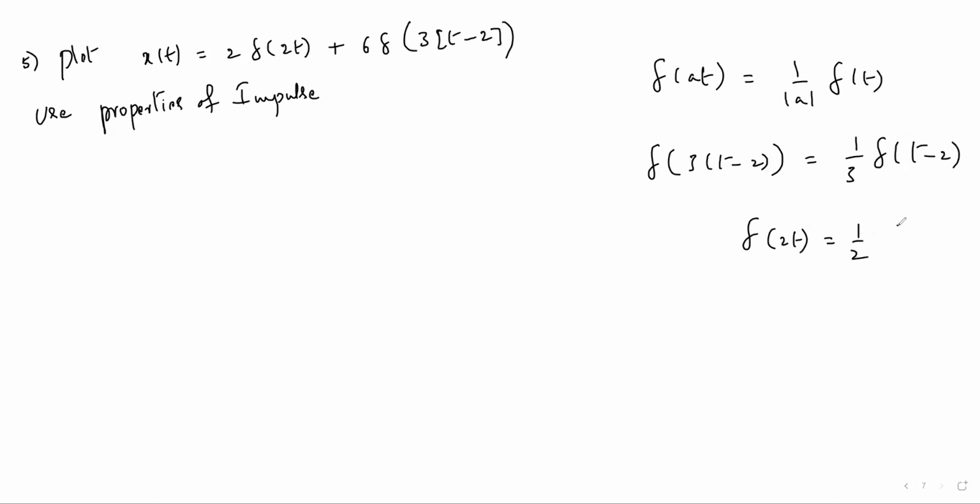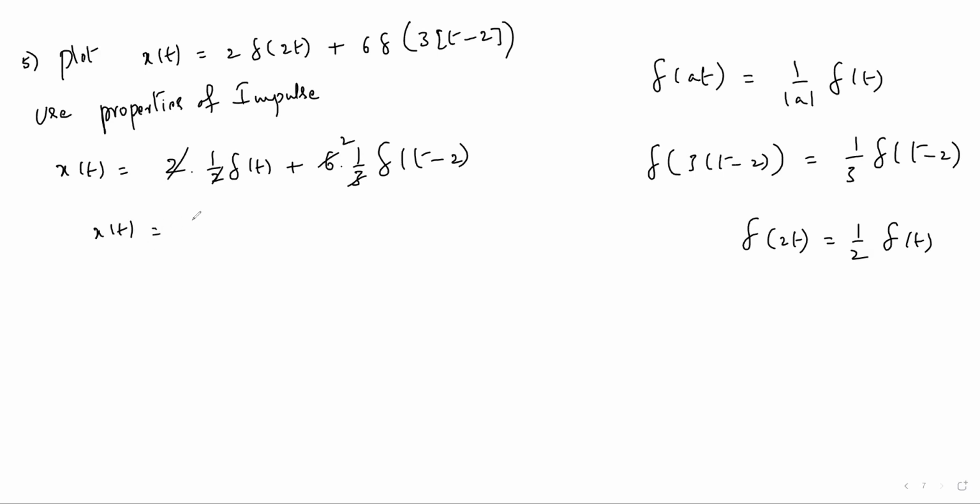We can write it as 1 by 2 del of t. So given x of t is expressed as 2 into 1 by 2 del of t plus 6 into 1 by 3 del of t minus 2. So that 2 gets cancelled. 3 2 times. So given signal x of t is del of t plus 2 into del of t minus 2.